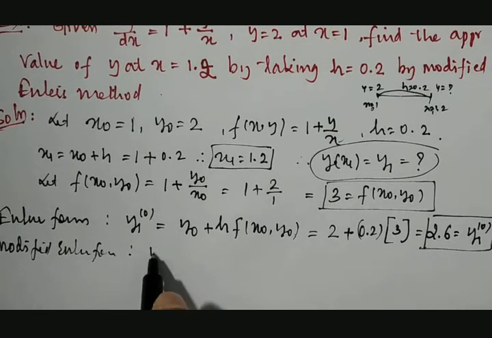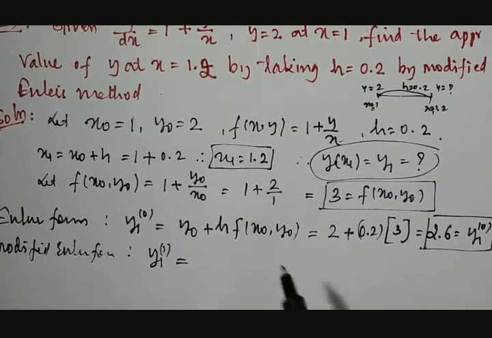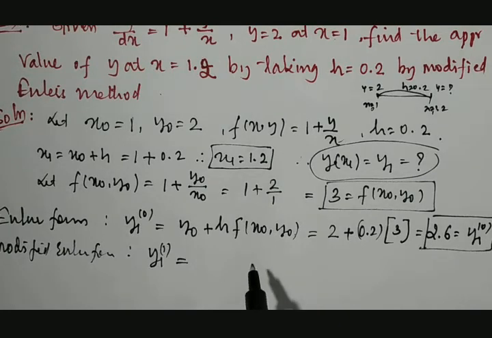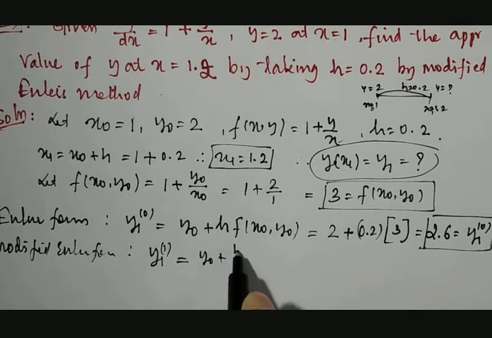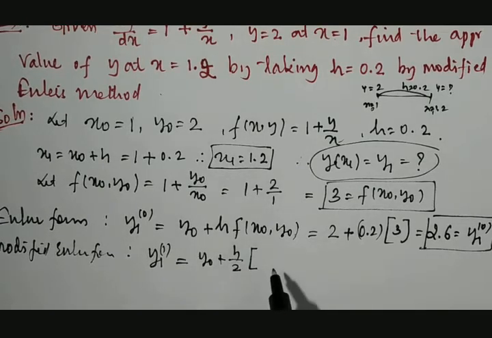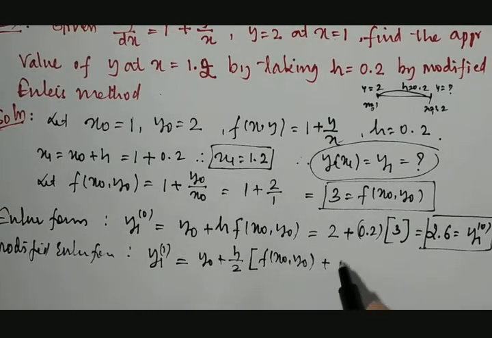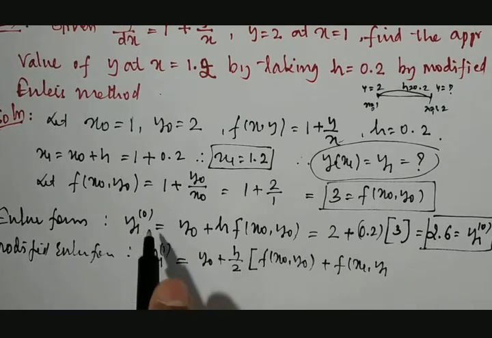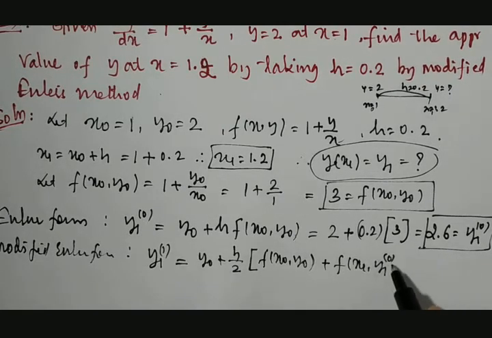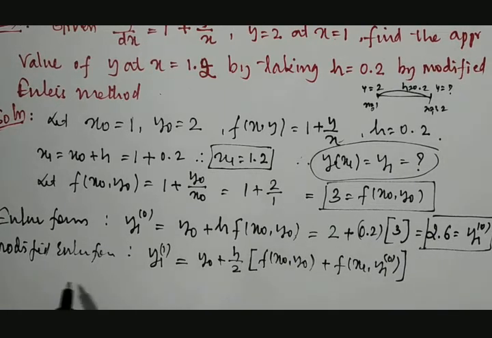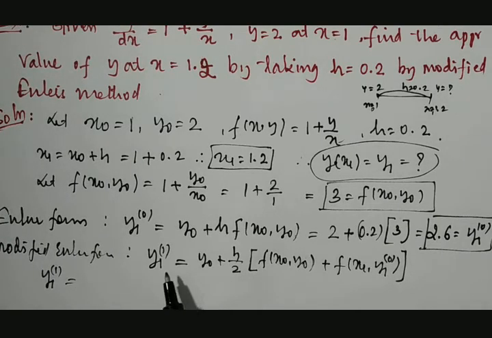What does the modified Euler's formula say? The first approximation to y1 is equal to y0 plus h by 2 into f of x0 comma y0 plus f of x1 comma y1, but which y1? The just obtained initial value. One of my suggestions is to calculate this result thoroughly so that the next results can be obtained directly.